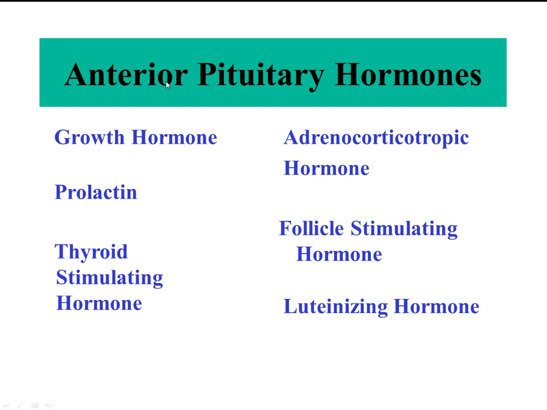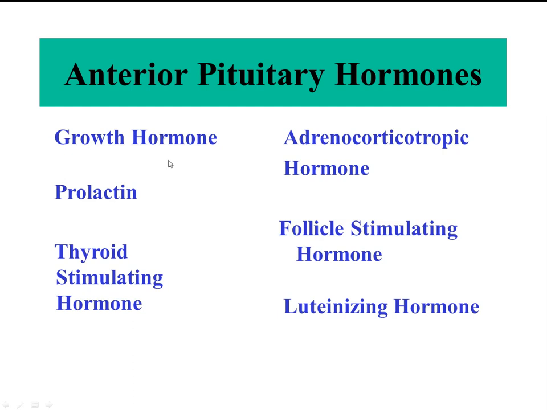Now, in the anterior pituitary, there are 5 different types of epithelial cells. We talked a little bit about tissues, and epithelial cells are what make up your skin. But epithelial cells are also found in glands. And there are 5 different types of epithelial cells in the anterior pituitary gland. And there are 4 types that each produce a specific type of hormone.